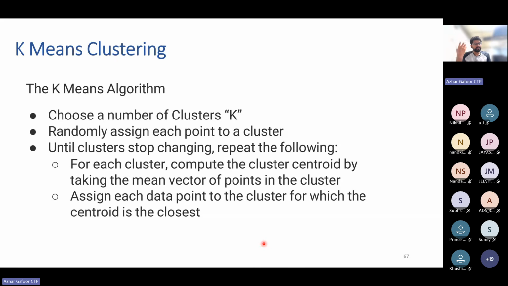Then if the cluster centroids stop changing, we'll stop our algorithm. For each cluster, we'll compute the cluster centroid by taking the mean vector of points in the cluster, then assign each data point to the cluster for which the centroid is the closest.